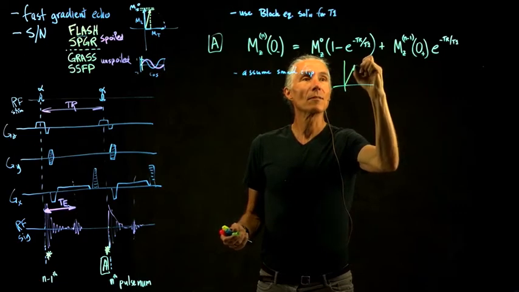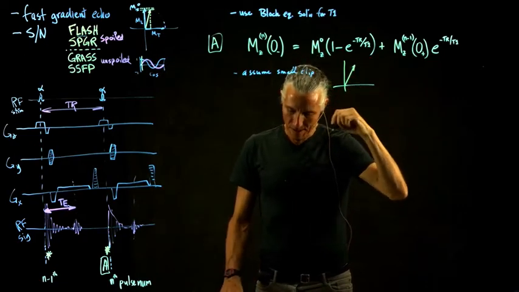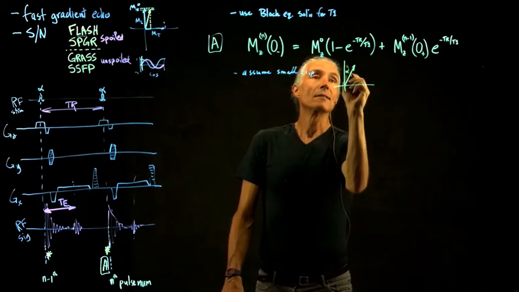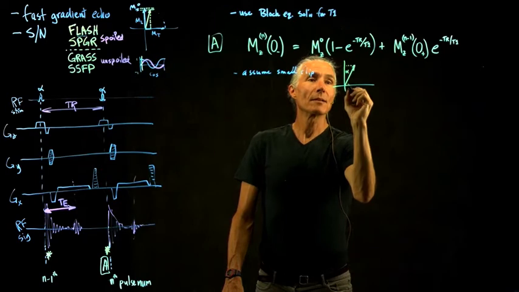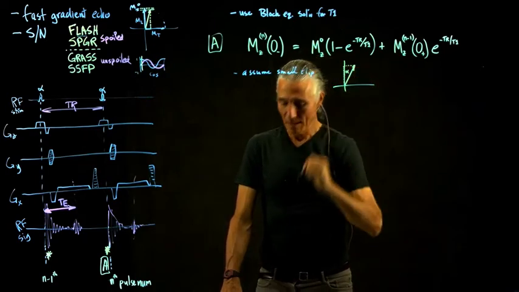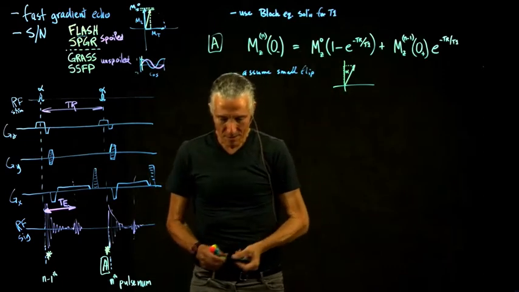Here's our small flip, and here's our alpha, that's our flip angle. We want to know these two distances.